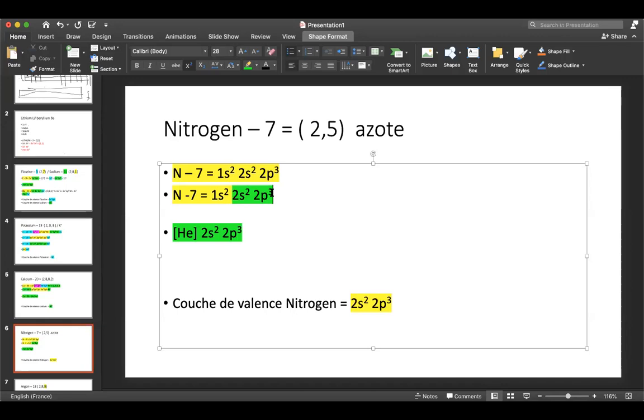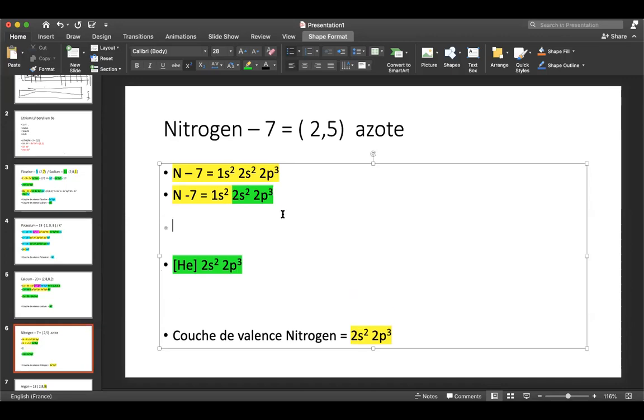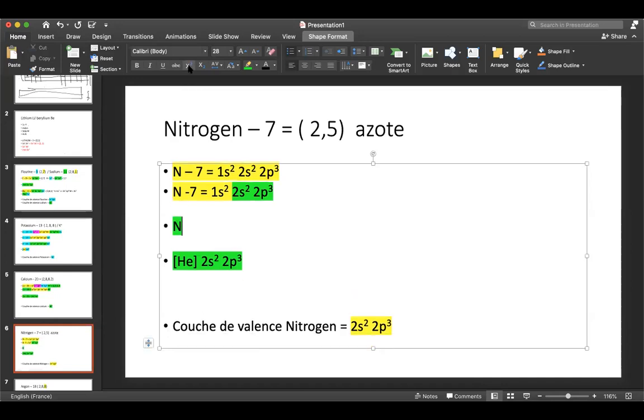If you answer this question, then we know our direction. It's a non-metal, so it has to gain electrons. How many electrons is it supposed to gain? 3. Exactly. So 3 more electrons. Therefore, the configuration would be N to the power what? How many is it gaining? 3.